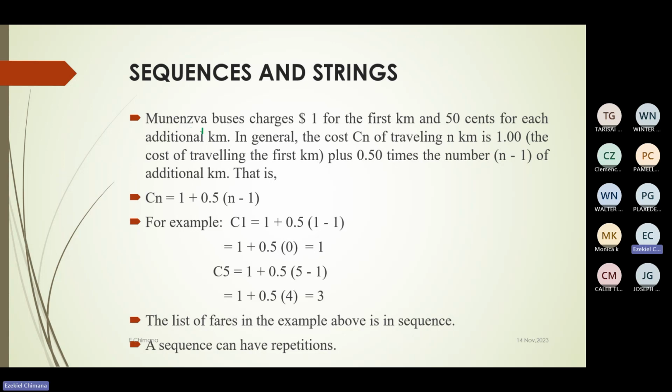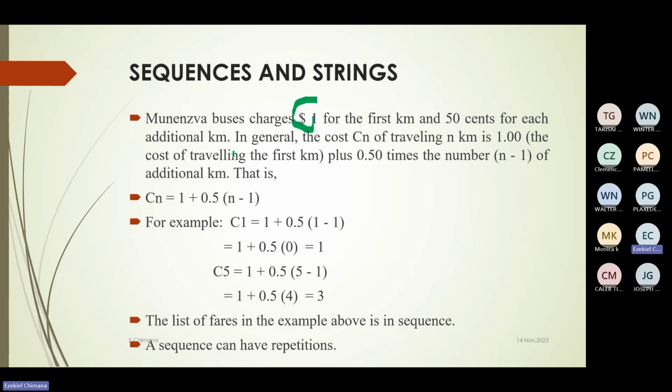Then this is just an example of how you can use sequences. Munenza buses charge $1 for the first kilometer, then 50 cents for each additional kilometer.